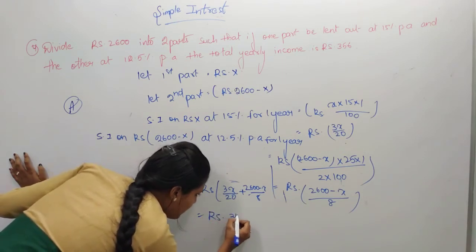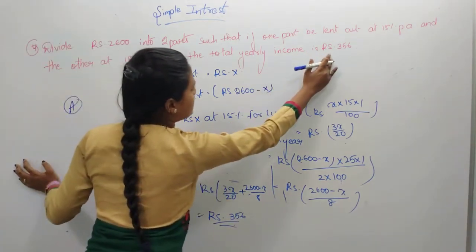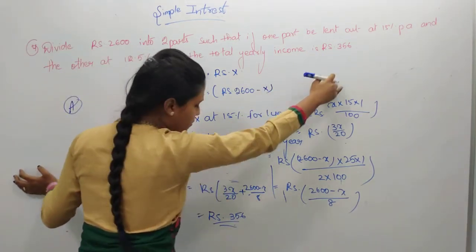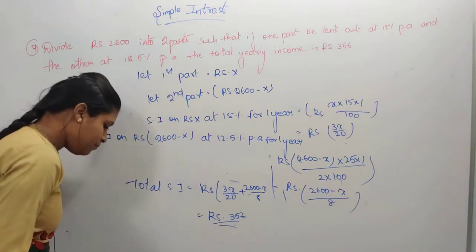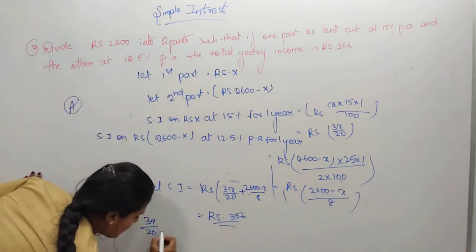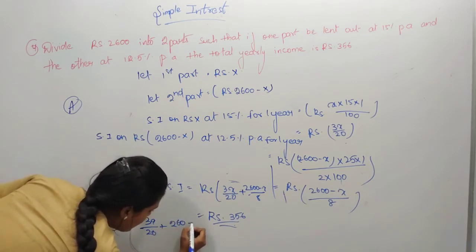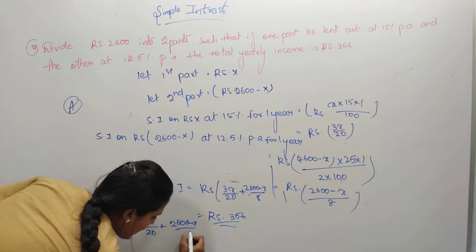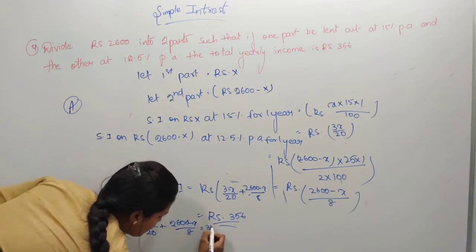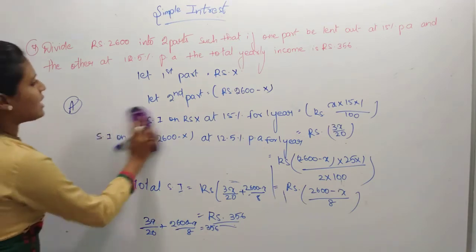Rupees 356. Finally, we got 356 rupees. Now, what will we do? 3x by 20 plus 2,600 minus x by 8 is equal to 356 rupees. We have to equate it. By solving it, what answer will we get?